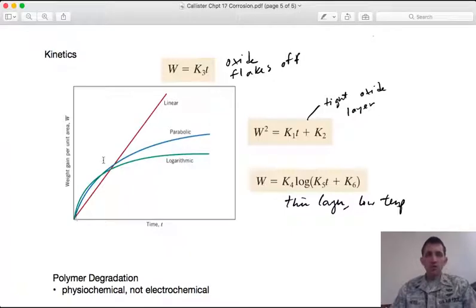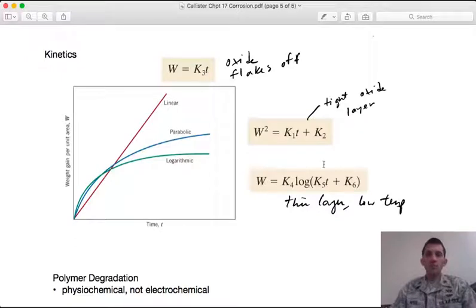So if I have a linear relationship between weight gain and time, this is the scenario where I would have a non-optimal Pilling-Bedworth ratio. The oxide would flake off and re-expose the surface. So I'm continually re-exposing surface, which is continually corroding and oxidizing, and I have a linear growth rate.